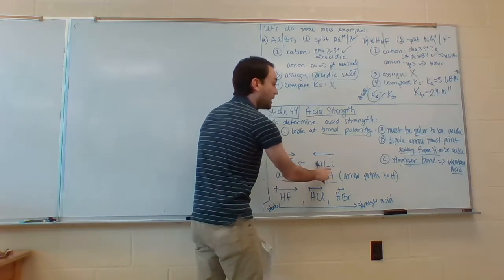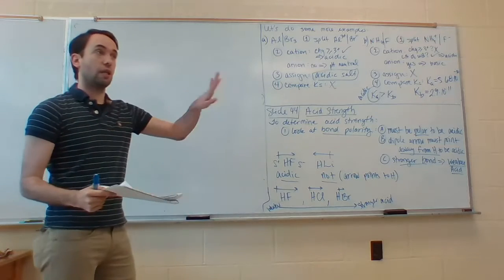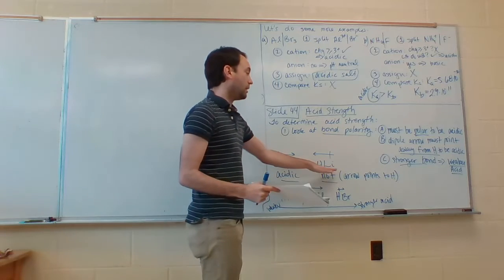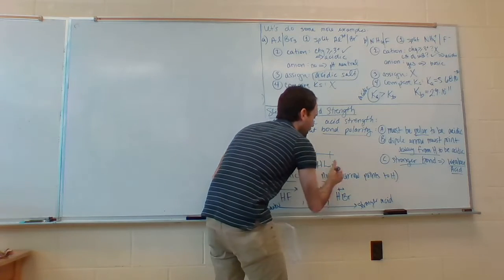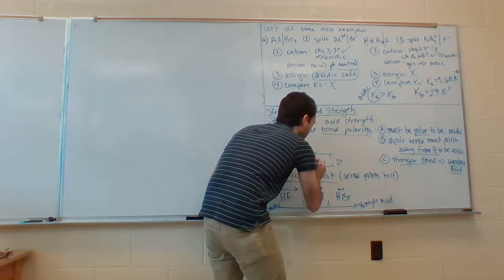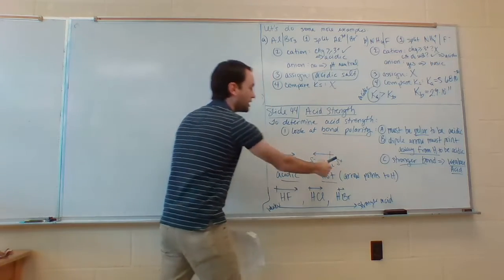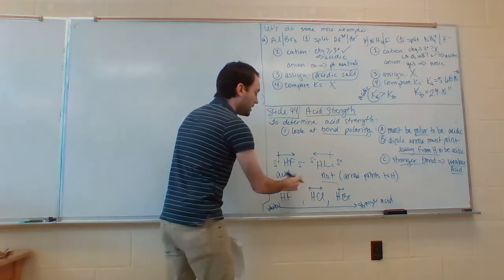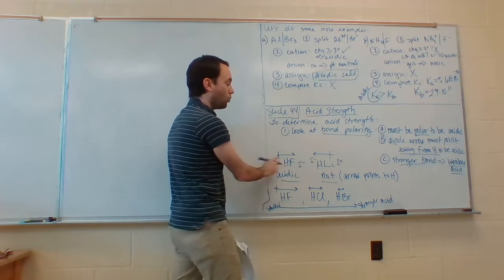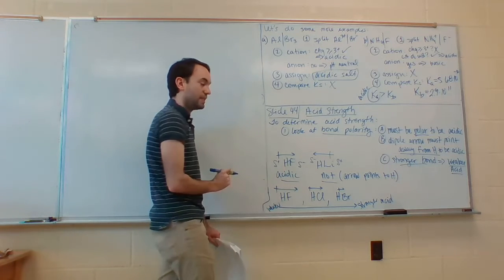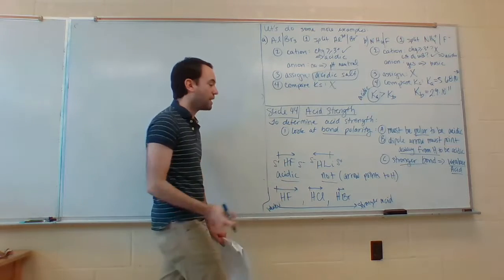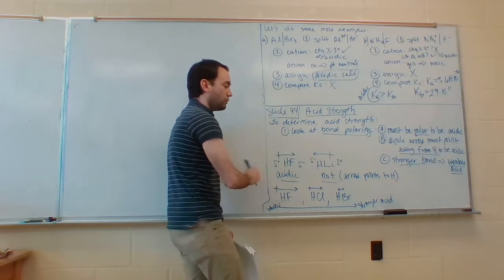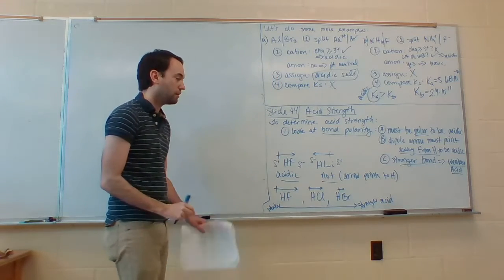In this case, lithium, since it's on the far left of our periodic table, is going to be less electronegative relative to the hydrogen. So it's got a delta positive compared to the hydrogen, which means we put our plus on the lithium atom and point away toward the hydrogen. For HF, since the arrow pointed away from the hydrogen, it is going to be acidic, and we know HF is an acid. In this case, with the HLi, our arrow points toward the hydrogen, which means that it's not going to be acidic.